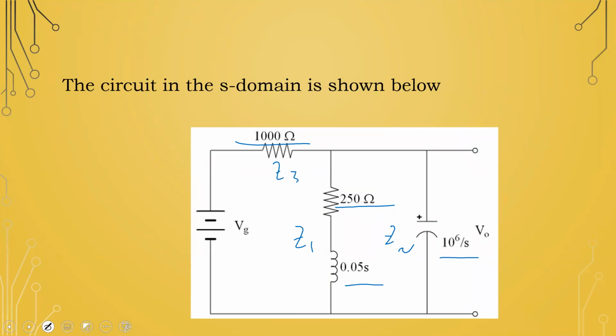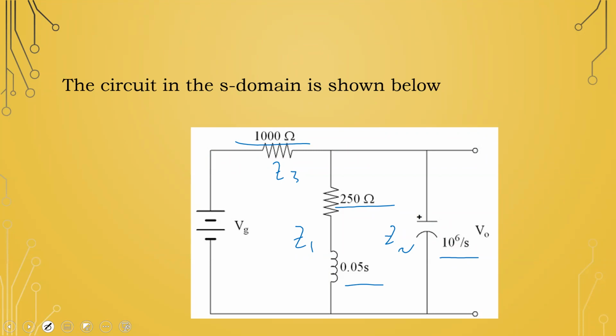All right, so it would be V0 minus VG over Z3 plus V0 over Z2 plus V0 over Z1, everything equal to 0.